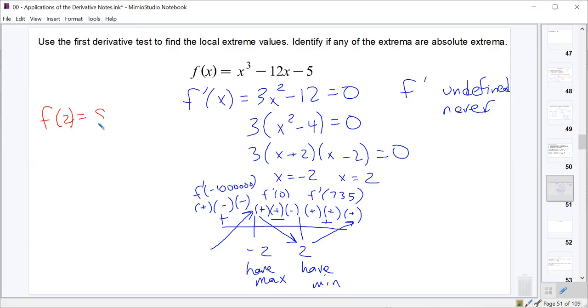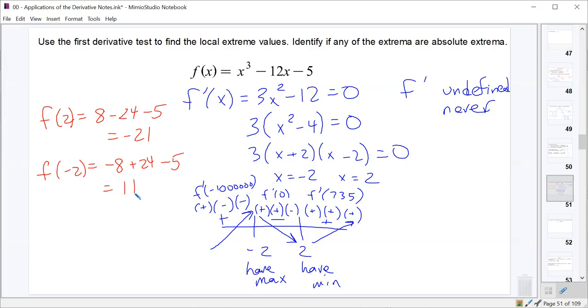That'd be 2 cubed, which is 8, minus 12 times 2, which is 24, minus 5. 8 minus 24 is negative 16, minus 5 more is negative 21. And when we find f of negative 2, that'll be negative 8 plus 24 minus 5, and that'll give us 16 minus 5, or 11.